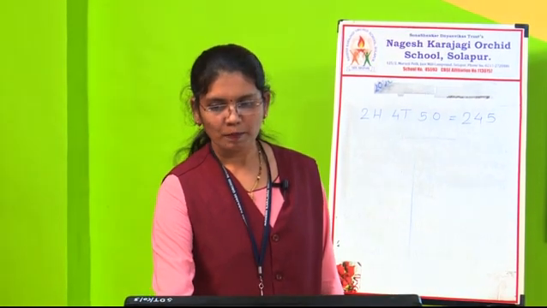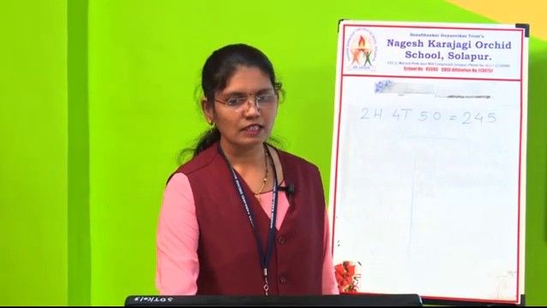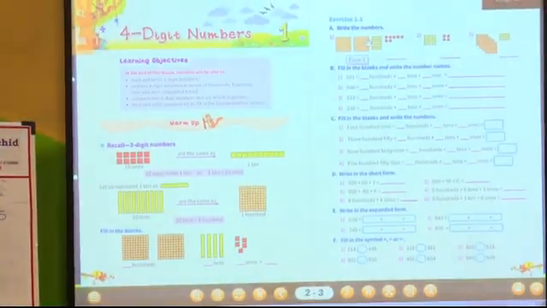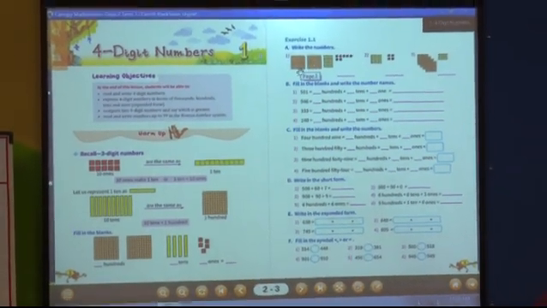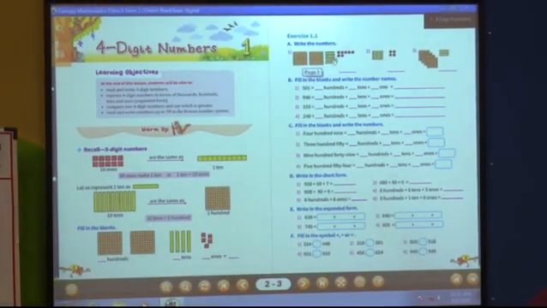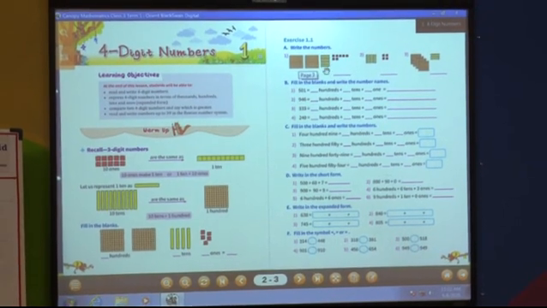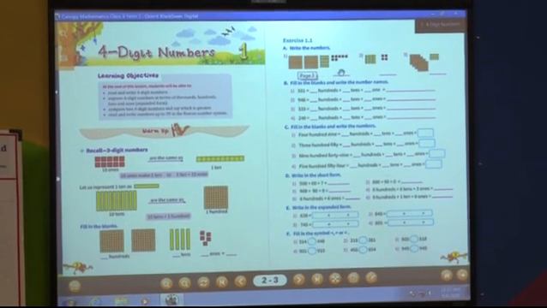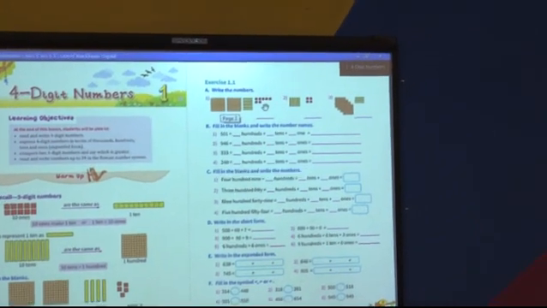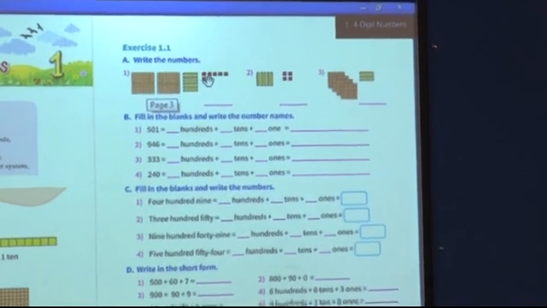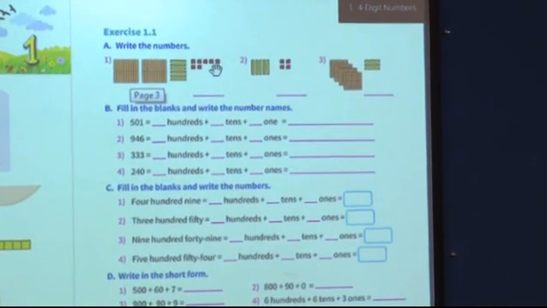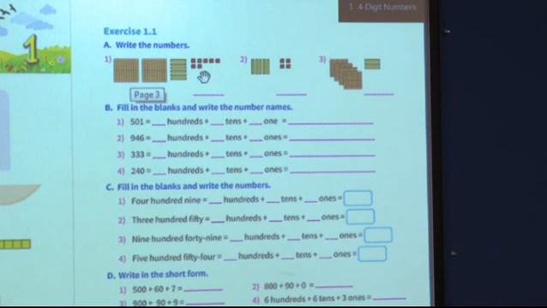Open your textbook, page number 2. See the first question, write the numbers. Now again see here 2 sheets are there, and let us count how many tens are there, how many strips are there. There are 6 strips. Yes, and how many ones are there? Let us count. 1, 2, 3, 4, 5, 6 and 7. So 7 ones are there.